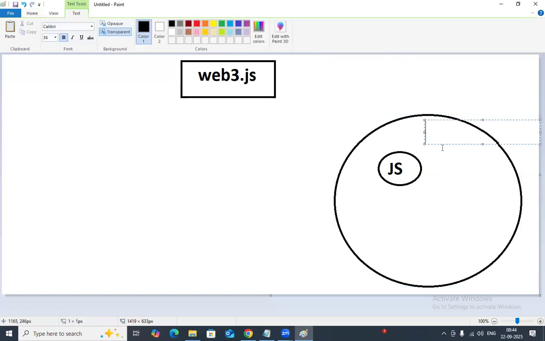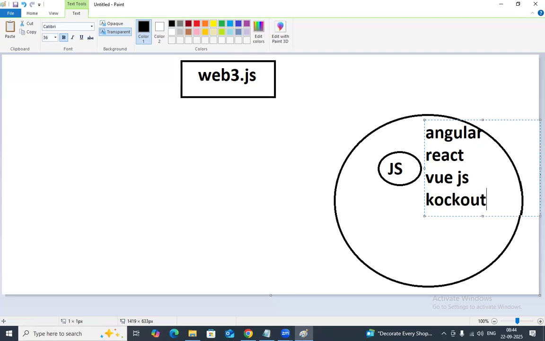Something like Angular, React, Vue.js, Knockout.js. Now we will be talking about Web3.js. Thousands of libraries are available.